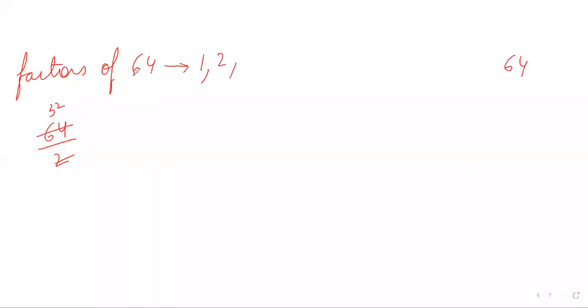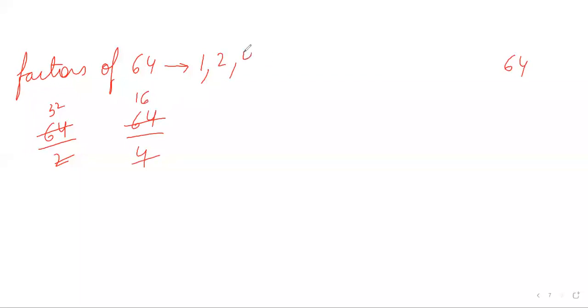Can I divide it by 3? If you know the divisibility rule of 3, if I add these 2 digits, it is 10. So it is not divisible by 3. If I divide it by 4, 4 ones are 4, then 2 remains, 4 sixes are 24.